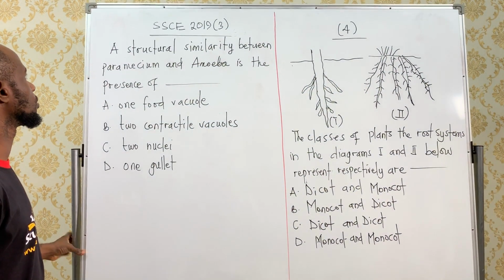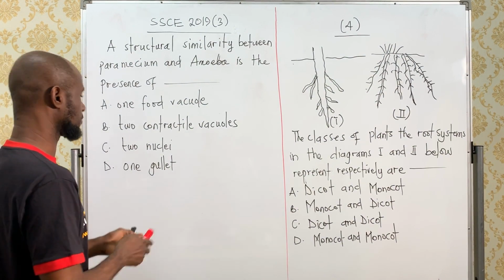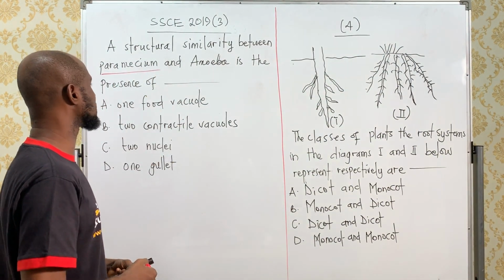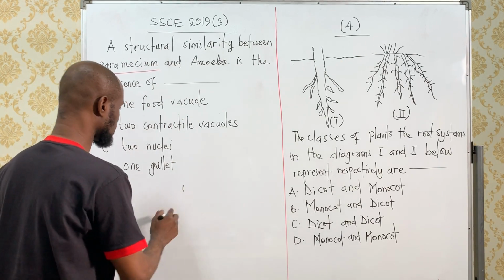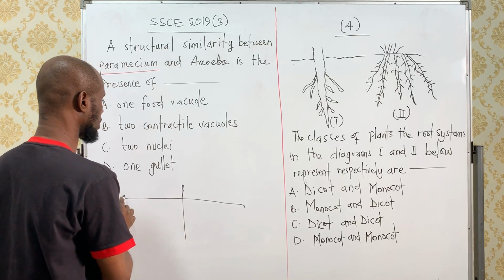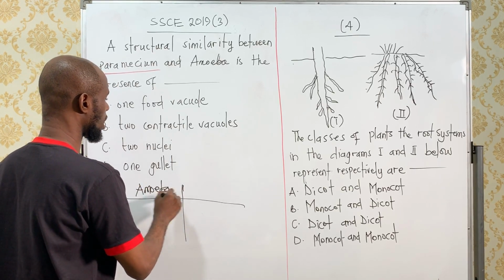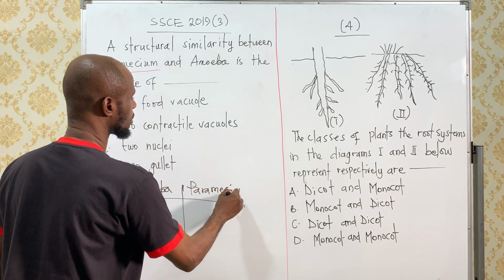Let's go to number 3. A structural similarity between paramecium and amoeba is the presence of dash. So let's have a table here. We have amoeba, then we have paramecium.